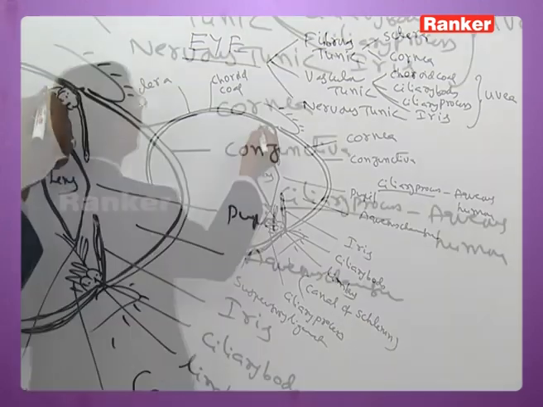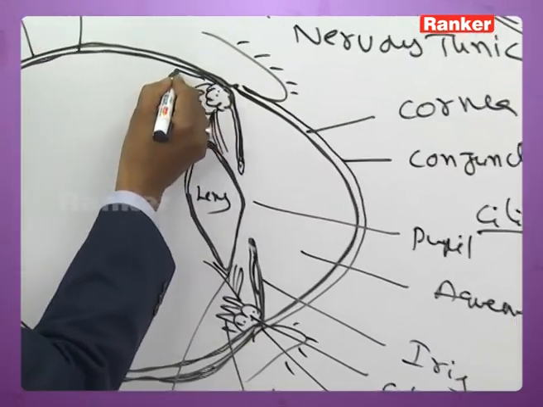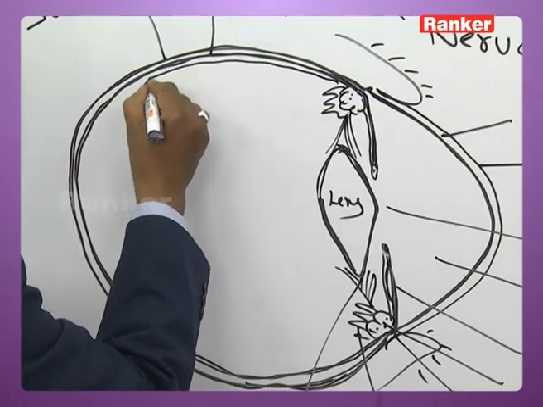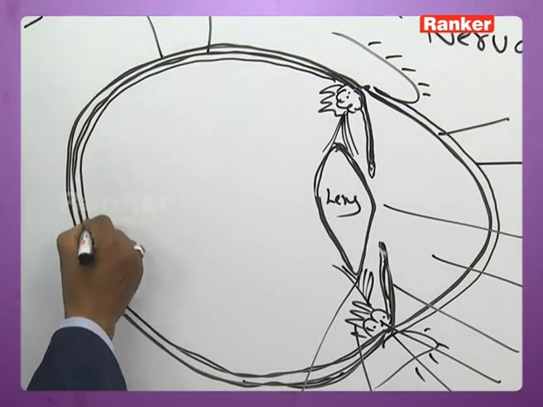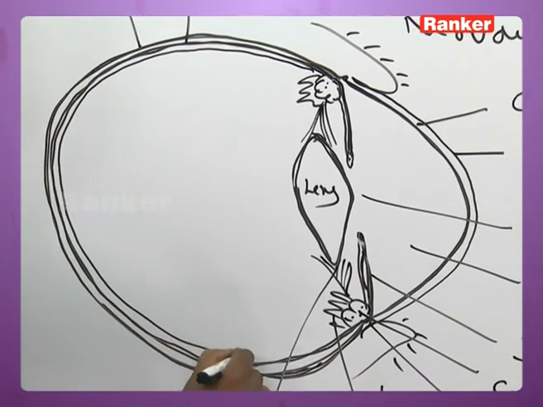Then the innermost layer is the nervous coat, that is retina. This is the retina part that lies below the choroid coat here now.